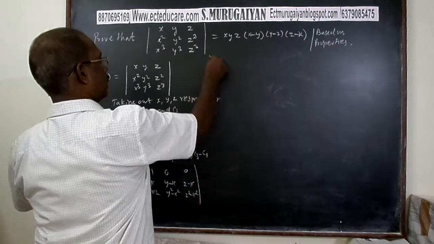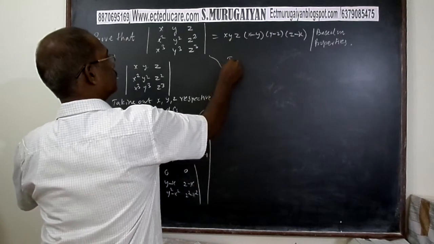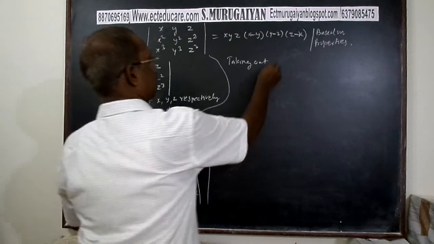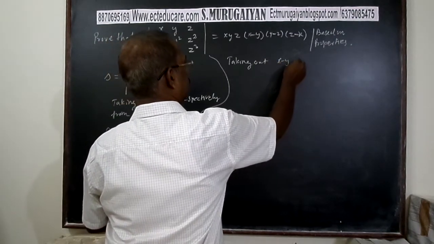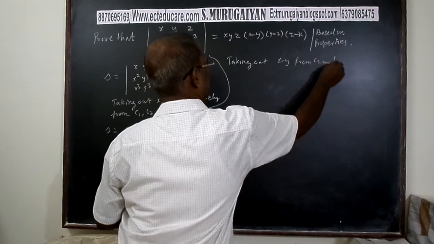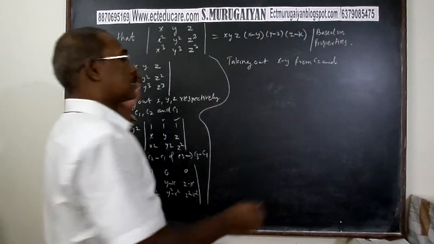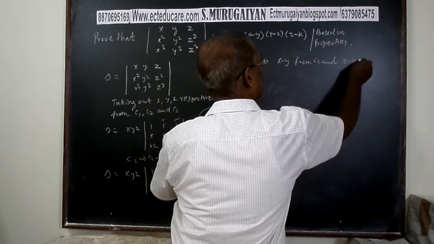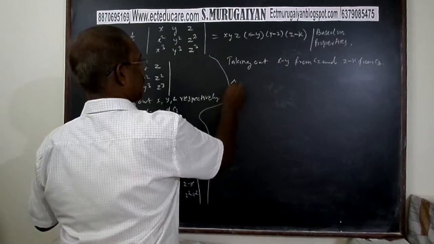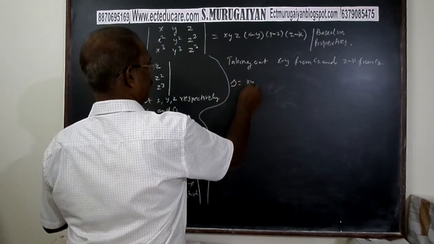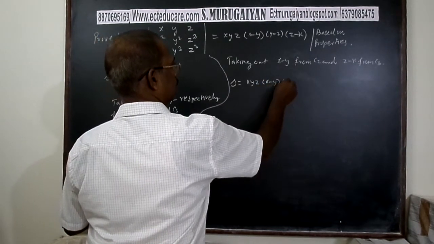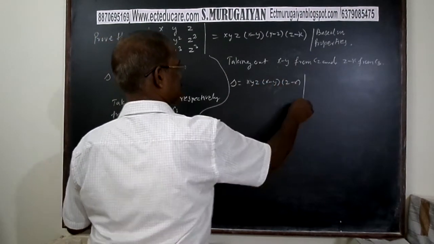So taking out x minus y from C2 and z minus x from C3, delta is x, y, z, the factor x minus y, another factor z minus x.